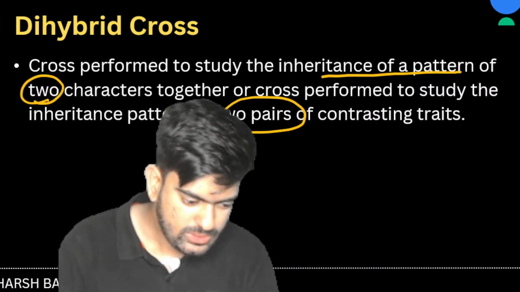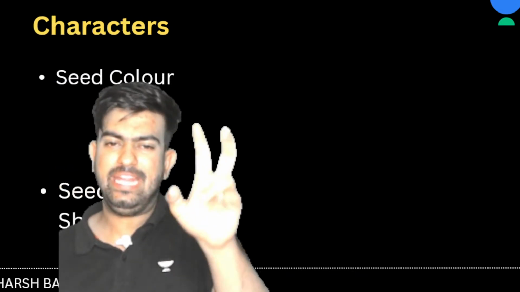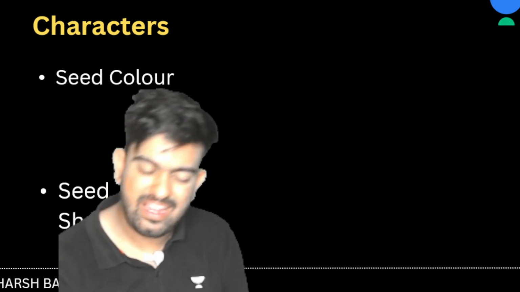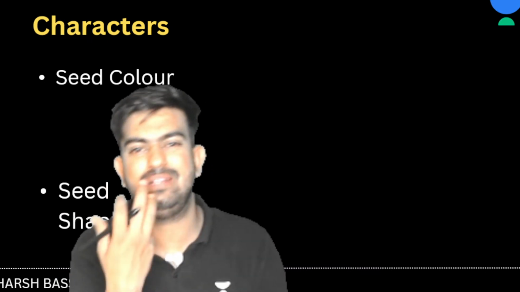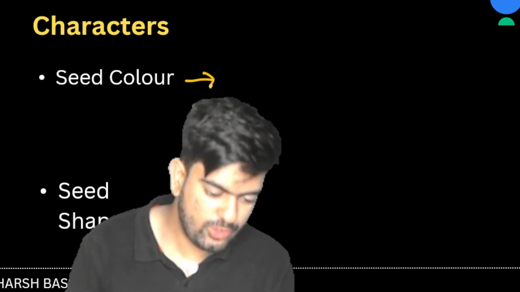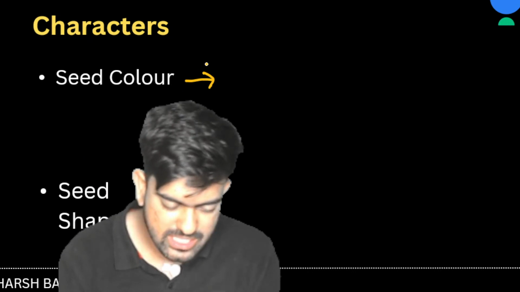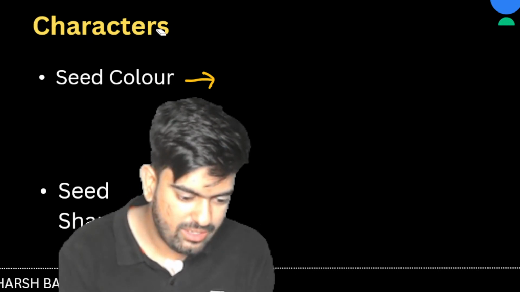Now, let's move on. In this, we will be taking 2 characters. Why are we taking 2 characters? Because Mendel has taken them. So seed color, do you remember that trick? The dominant seed color will be yellow.